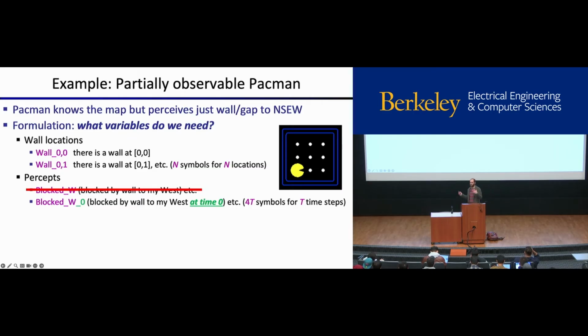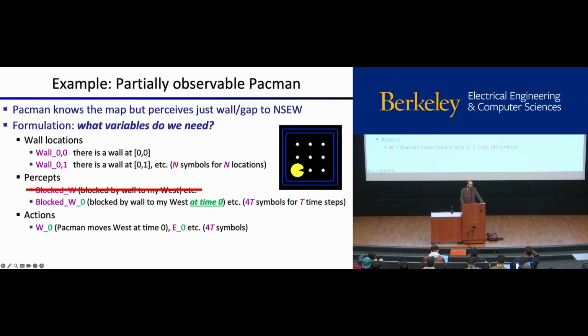These are just our names for them, but in the propositional logic system, they don't have any other meaning. You can see the inelegance of that, and in first order logic, we can fix that, but not yet. For now, we need separate variables for every wall location. We need separate variables for every time step for whether Pacman is blocked in every direction.